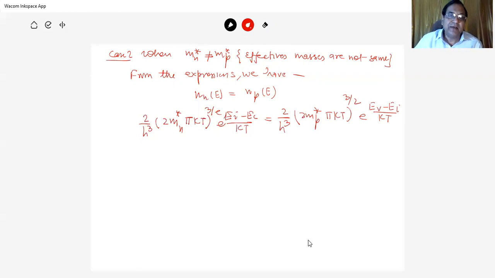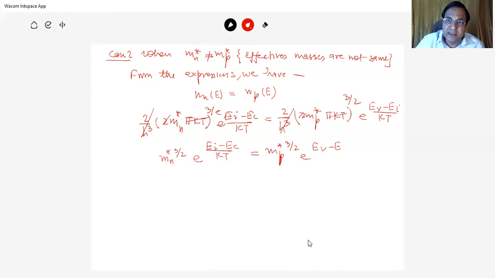Again, we have the common part which cancels, and the 2 is also common, so it cancels. So what we find is Mn star to the power 3 by 2, e raised to the power (Ei minus EC) upon kT, is equal to Mp star to the power 3 by 2, e raised to the power (EV minus Ei) upon kT.